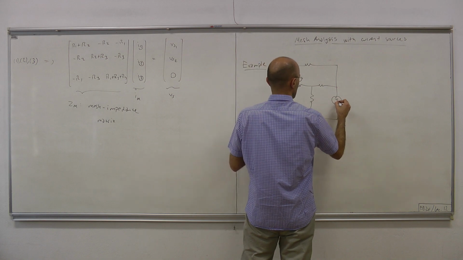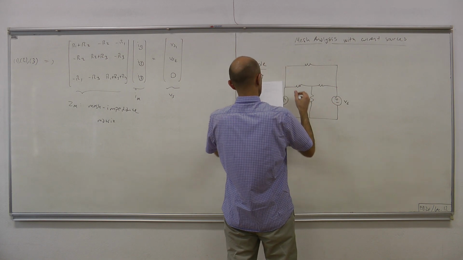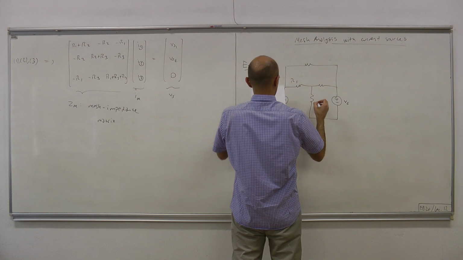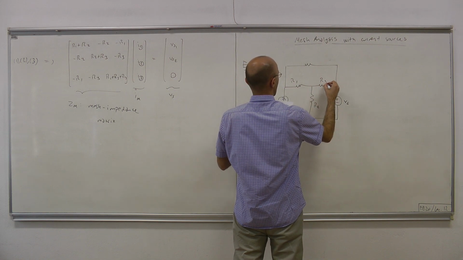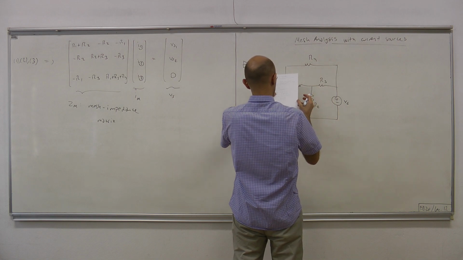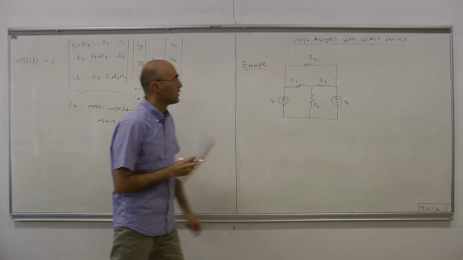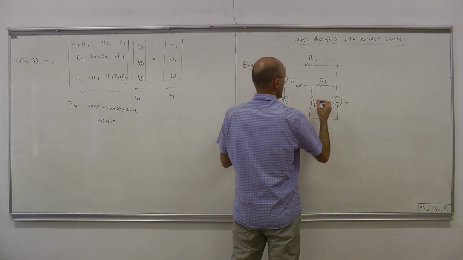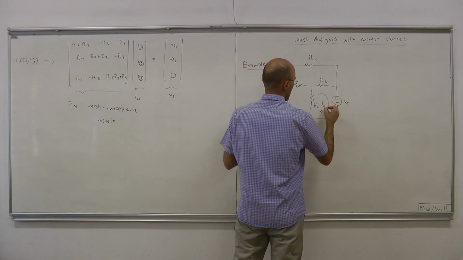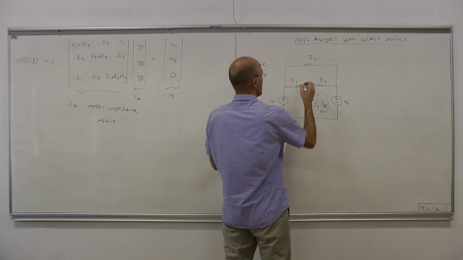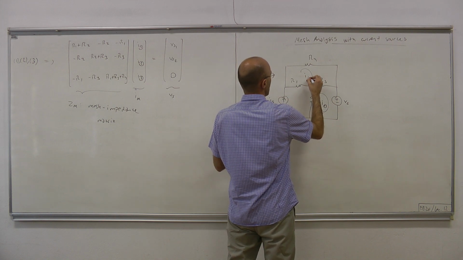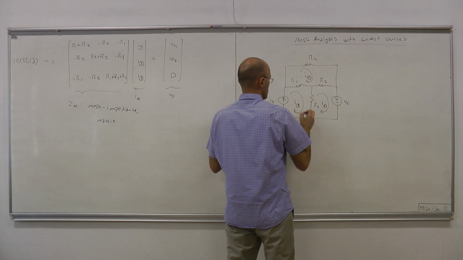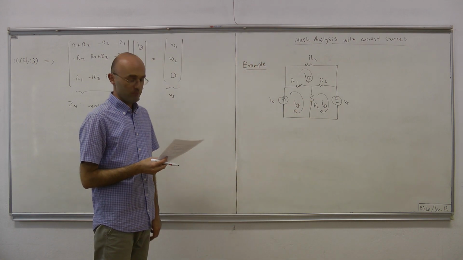Vs with plus and minus, R1, R2, R3, and R4. Okay. So we have 3 meshes. Let's label them. This is, let's say, I1. This is, let's say, I2, and this third one, let's call it I3.